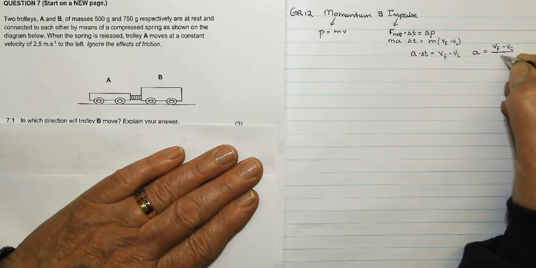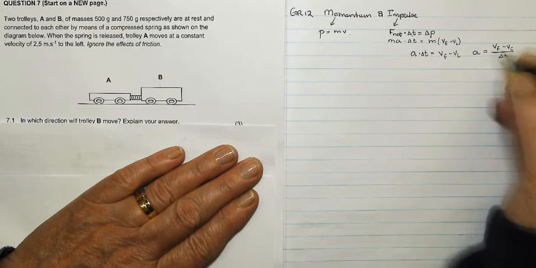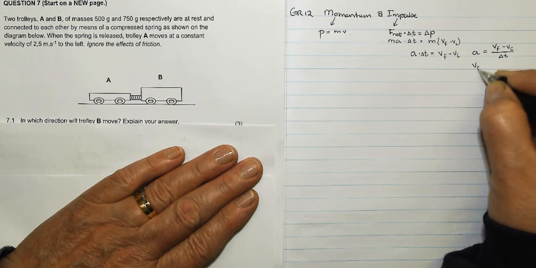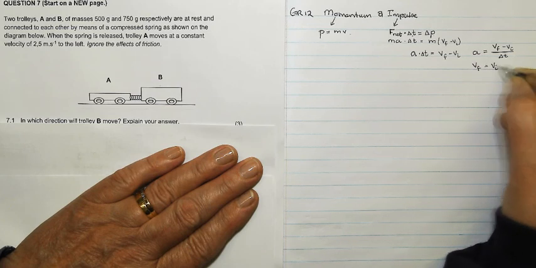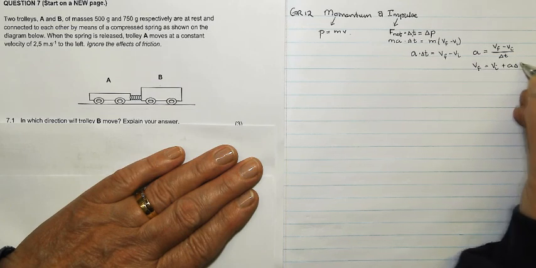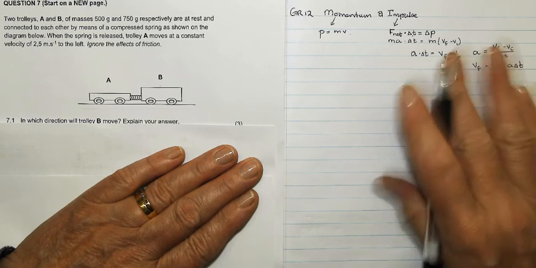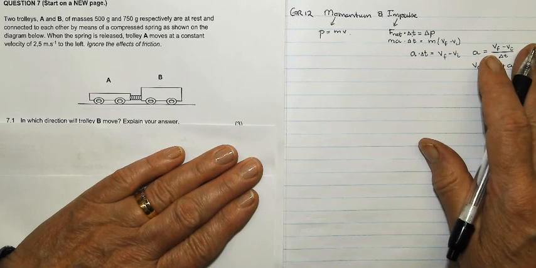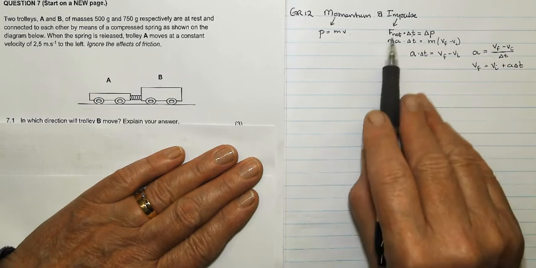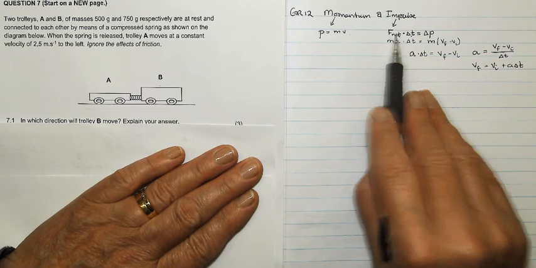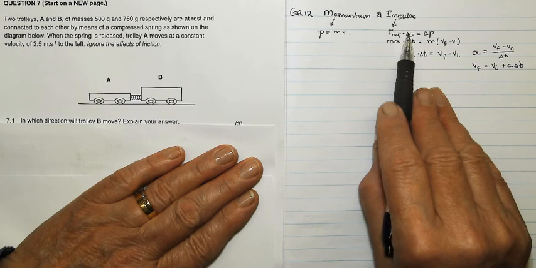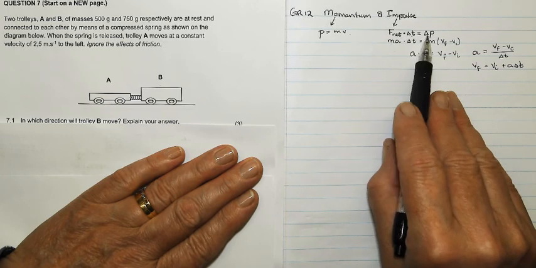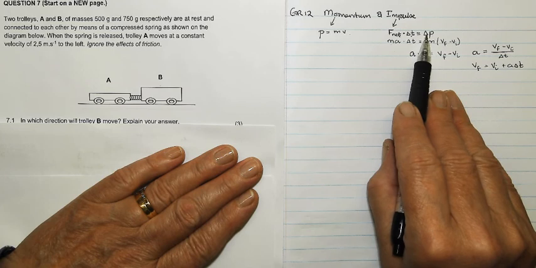On the data sheet this is hidden in the equation Vf equals Vi plus a delta t. But that is on the sideline now. I just try to show you that the product of the net force and the time that the net force acts on the object will cause a change in momentum of the object.